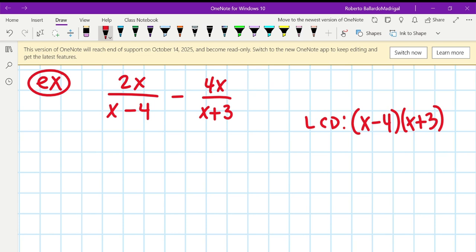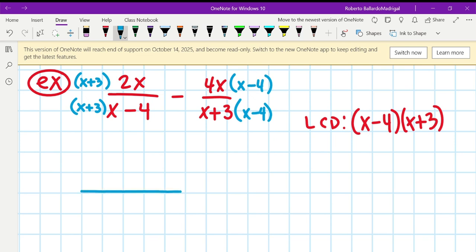So we're missing the other part, which is the x plus 3. We're going to multiply our first fraction by x plus 3, top and bottom. And our second fraction will multiply by x minus 4, top and bottom. Take this time to figure out what the numerator will equal.